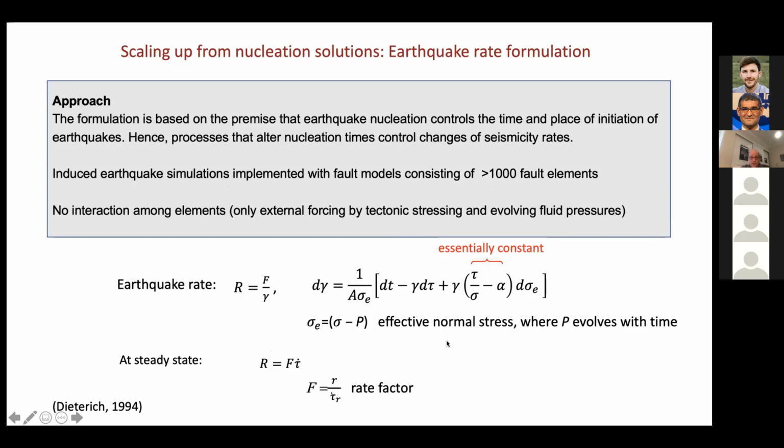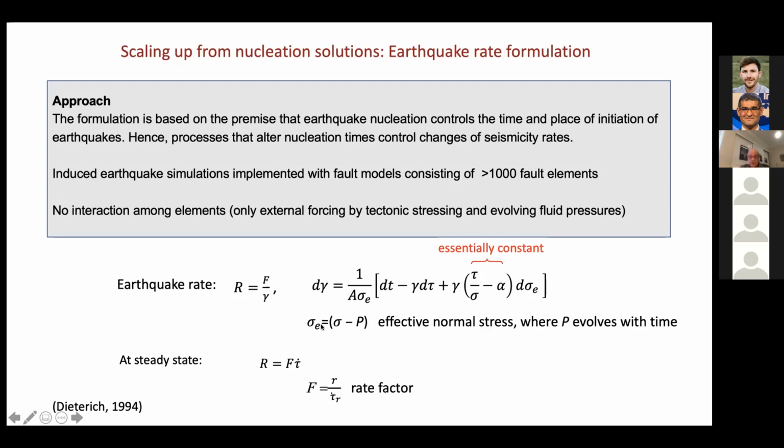And this is what the rate formulation looks like. Again, it has a state variable, in this case, gamma. And you kind of recognize the form of this equation. So this is kind of a rescaling from the micro scale up to the macro scale.